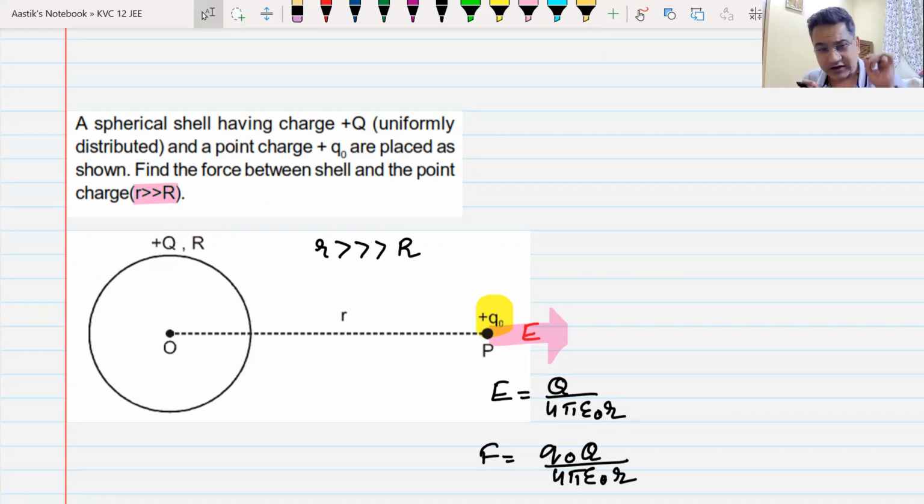The distance r was given very large compared to the radius of the shell, because then this shell can be treated as a point object, nothing else. So the answer is simply you find the electric field of the shell and multiply it by the charge q. Do you understand this? Yes, sir.